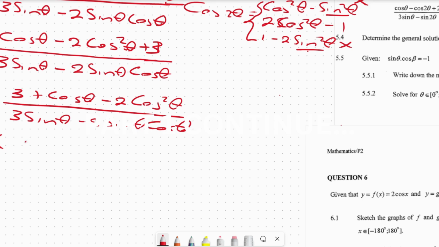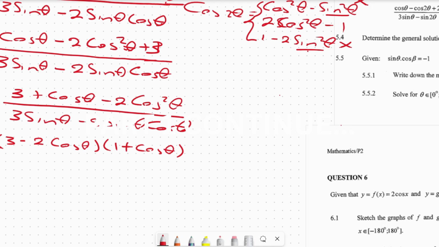This will be 3 minus 2 cos theta, into 1 plus cos theta.